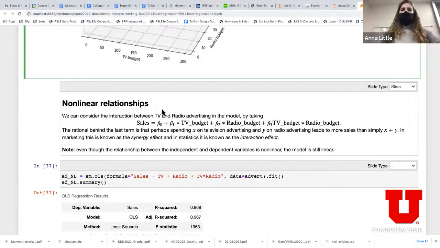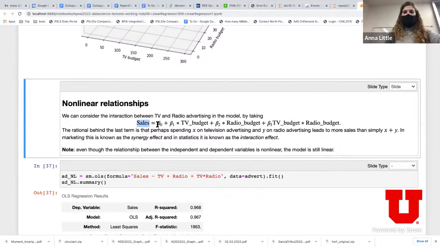One generalization of the model that we could do would be sales is beta 0 plus beta 1 times TV plus beta 2 times radio plus beta 3 times TV times radio. So here we've added a third variable, which is the product of these two variables. When we have a variable that's the product of two other variables, it measures the interaction between the variables.